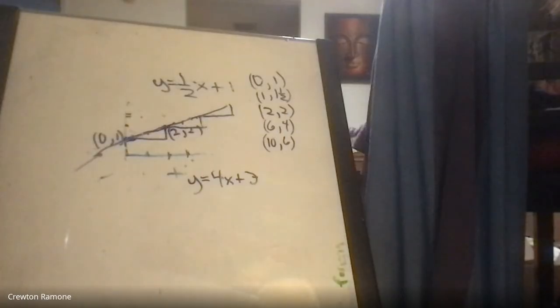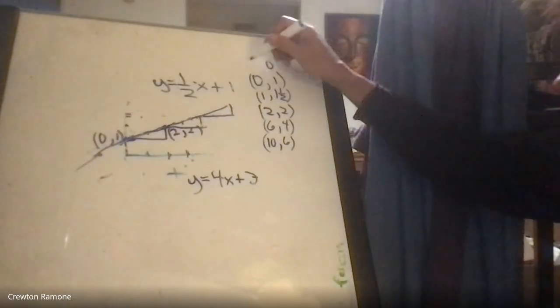Yeah, it fits. So if I want y to be 0, what is x going to be when y is 0? So in other words, when this is 0, what's x?